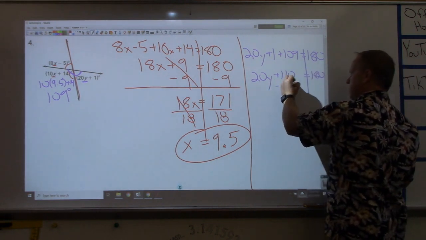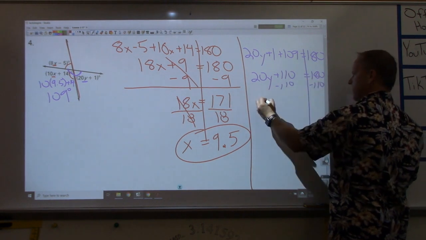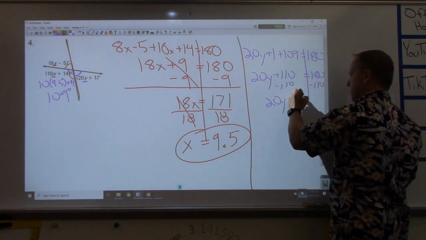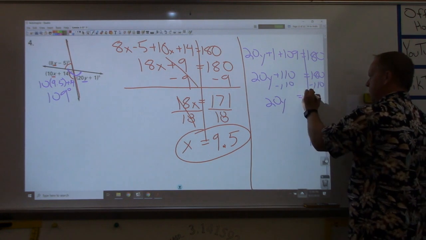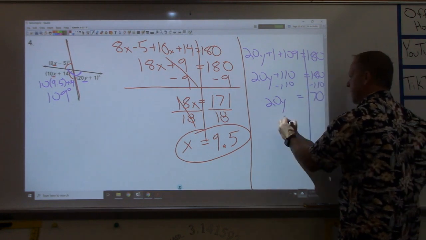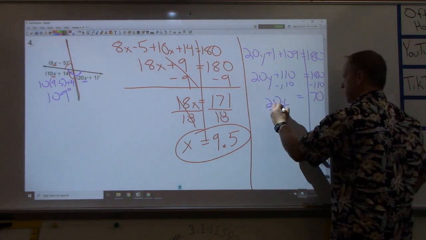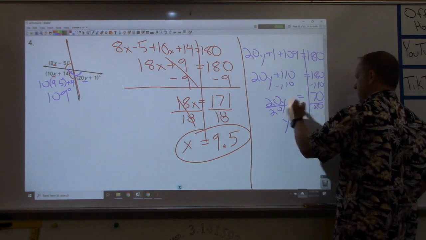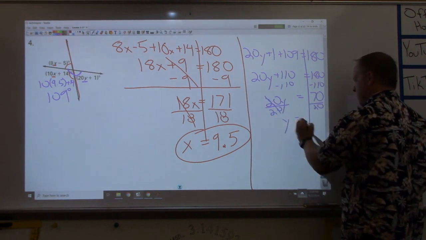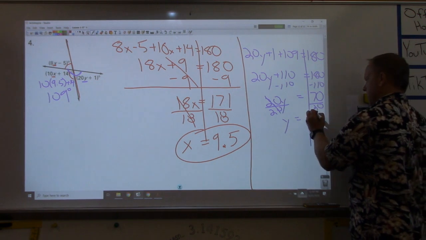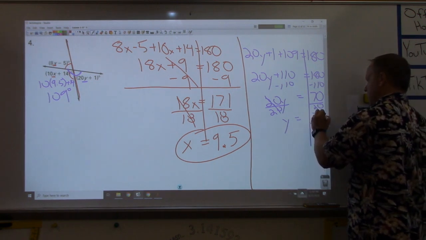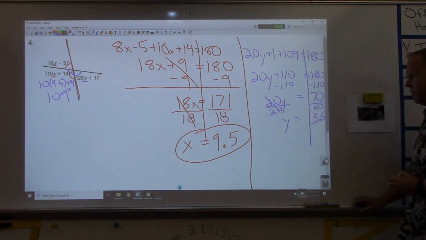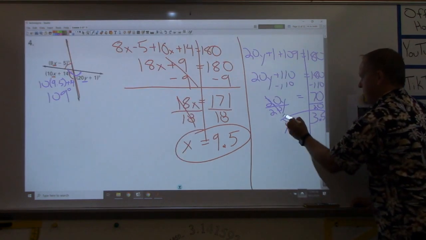Subtract 110. 180 minus 110 is 70. Divide by 20. Y equals 3.5. Again, decimals are fine in math class.